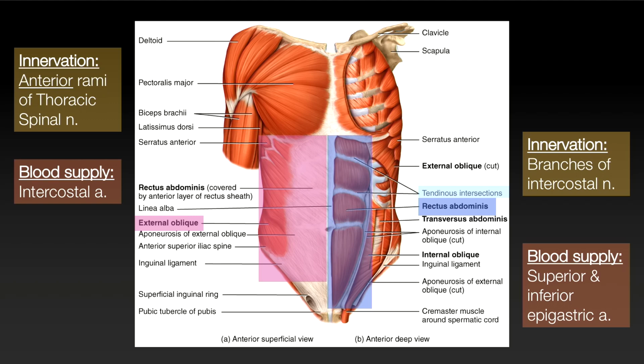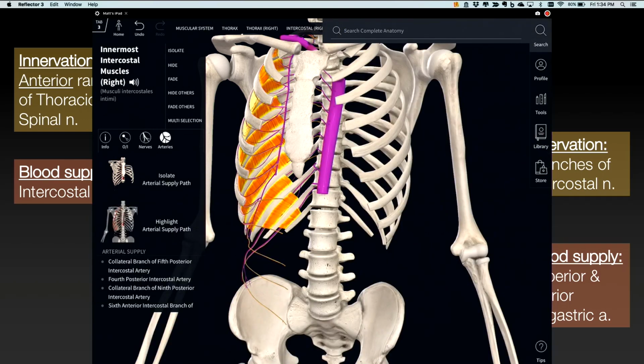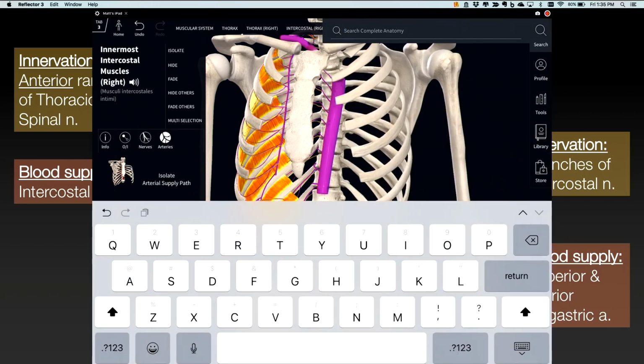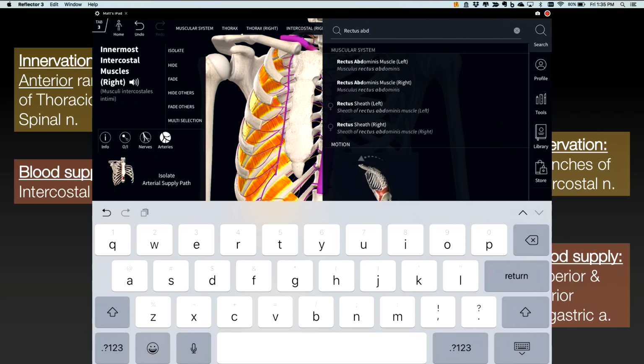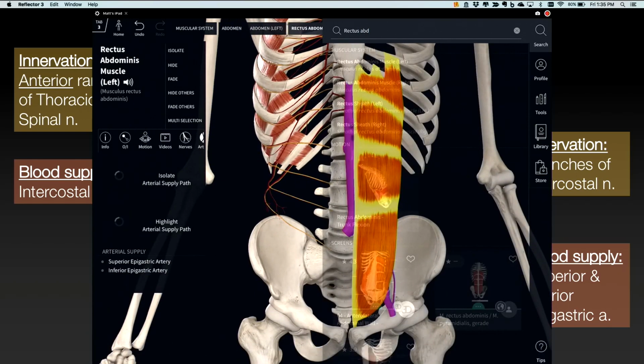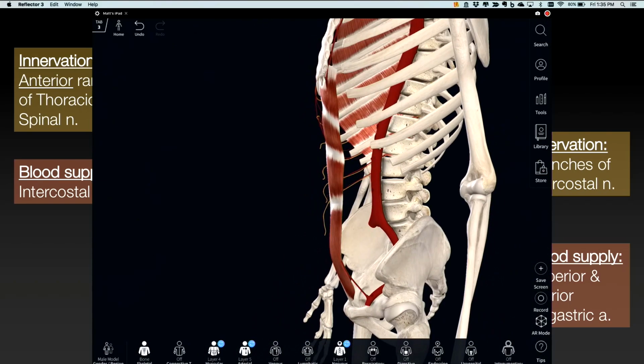So let's take a look quickly at those muscles. And you probably don't need, let's leave the transverse abdominis, or the external oblique, sorry. Let's just take a look at rectus because we just looked at it. And we'll do it on the left so we have a little bit of space. So there's our transverse ligaments.